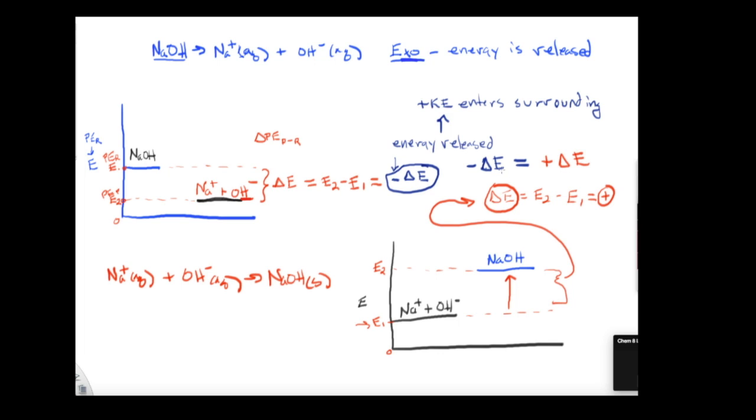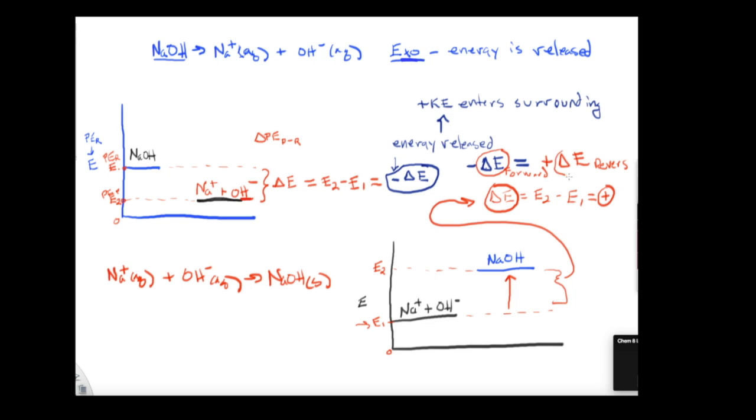I can do it this way. So the forward, we'll just call it F for forward, and then this is going to be R for reverse. Okay, so in other words, these two numbers are the same.